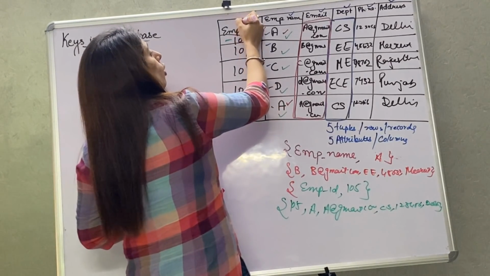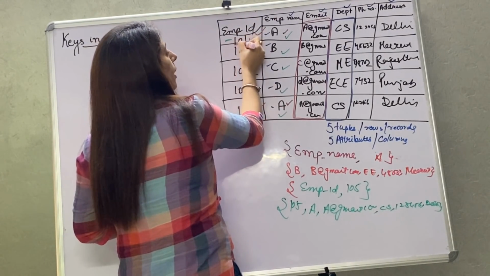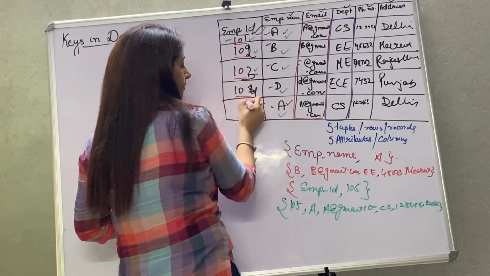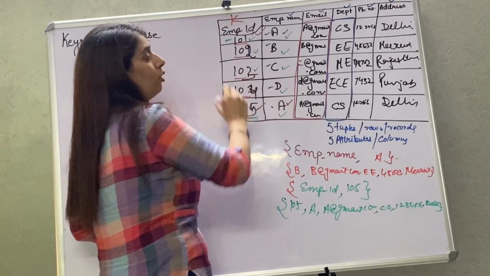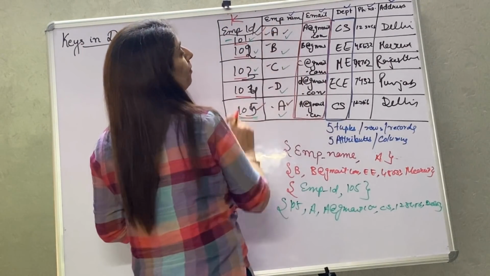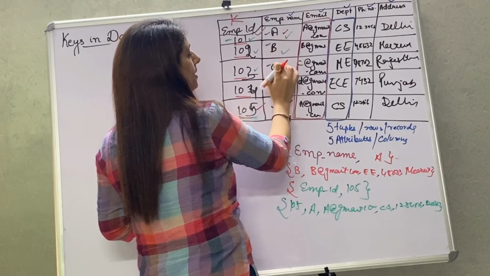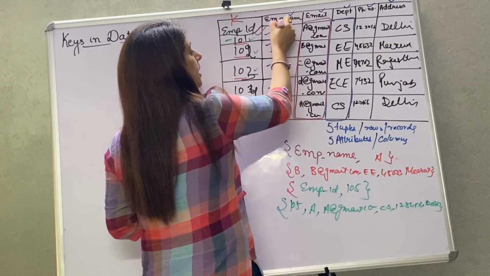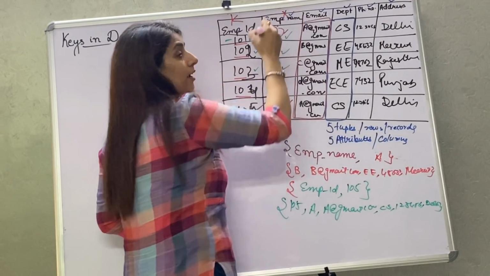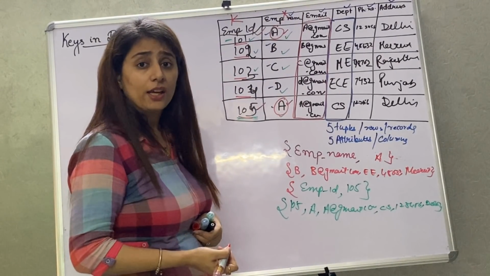First is employee ID. Each employee ID is different, nothing is repeating, so this is a key. Let's check the employee name now. A, B, C, D, A. Now A is repeating here, so this cannot be a key because it is not making it unique.